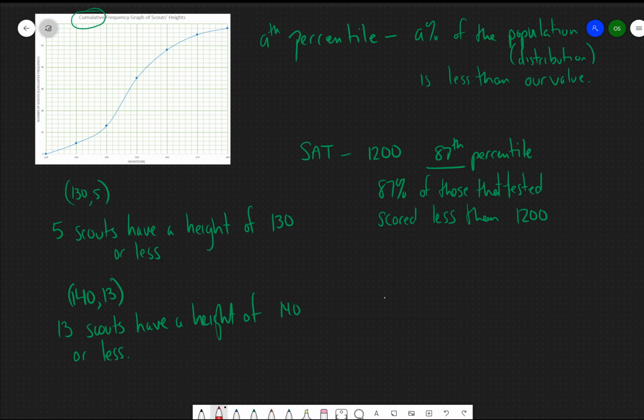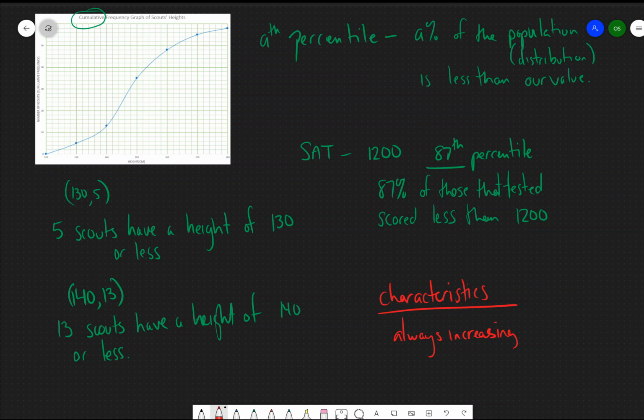So let me write over here the characteristics of our cumulative frequency graph. It is always increasing, because as we go from left to right, we keep adding more people that meet that particular height or less.